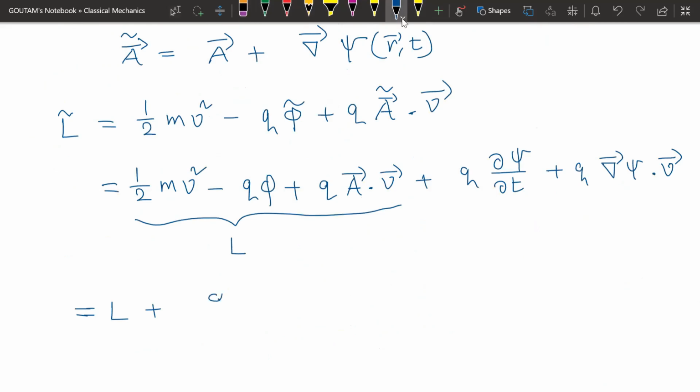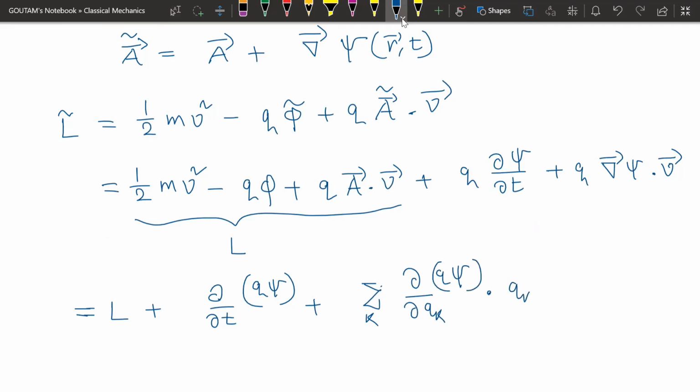We will get del del t of Q psi plus sum over k of del del q_k of Q psi times q_k dot. It is the second term.